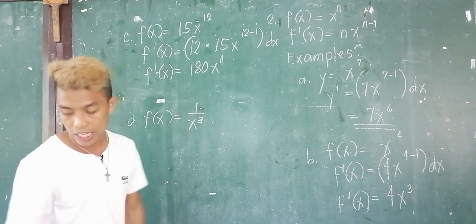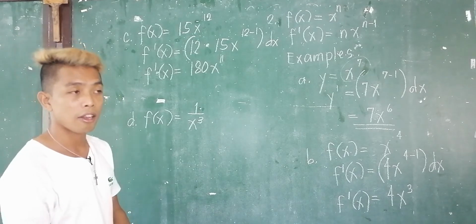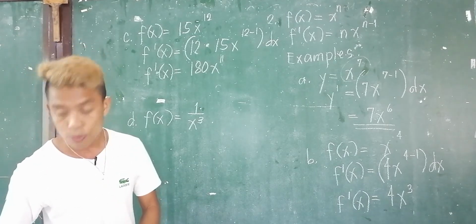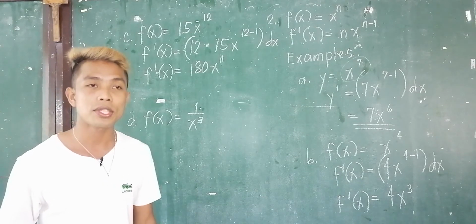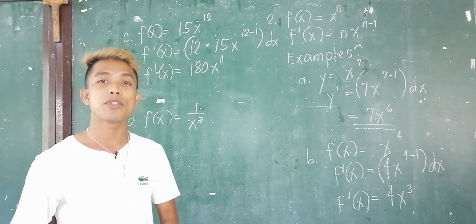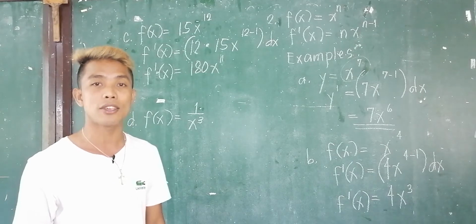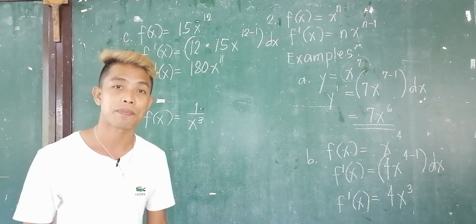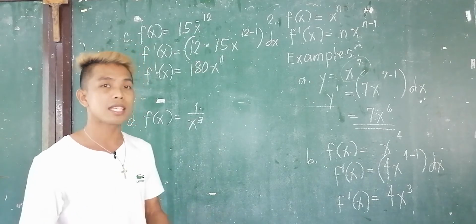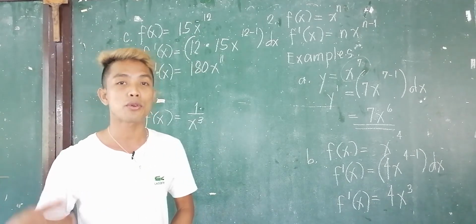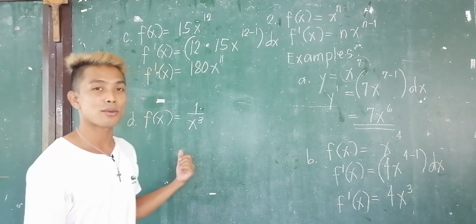This is the reason why last meeting I told you that in calculus, the fundamental knowledge or competency that you need is algebra. You must be very well conversant in algebra because algebra will help you cross calculus.